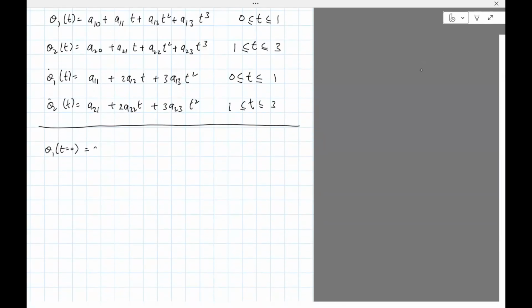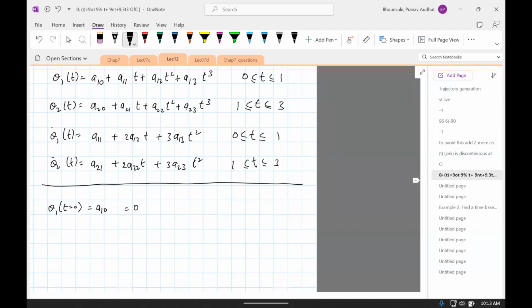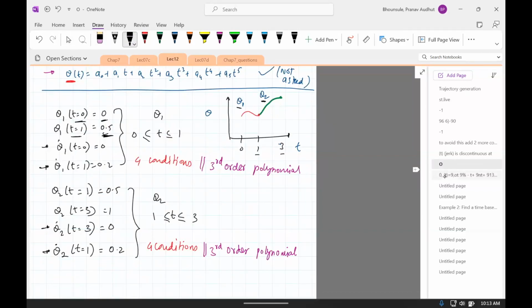So a10 equals 0. So that I got from the first equation. Next, I have theta 1 at t equals 1 is 0.5. So I put t equals 1. It was 0.5, I think, 0.5.